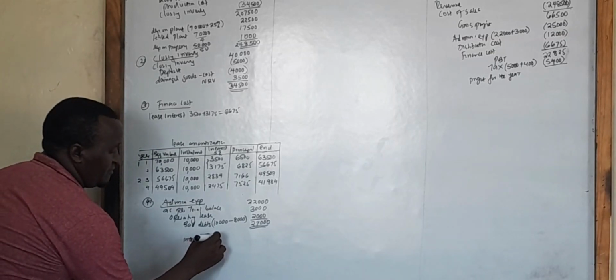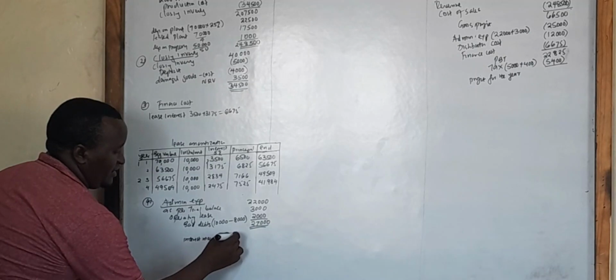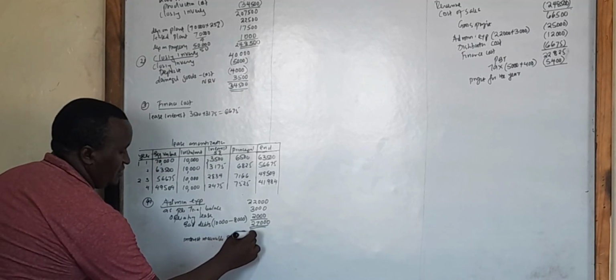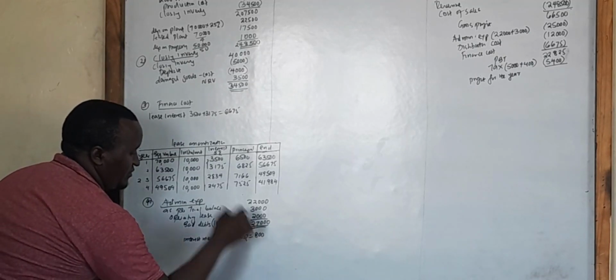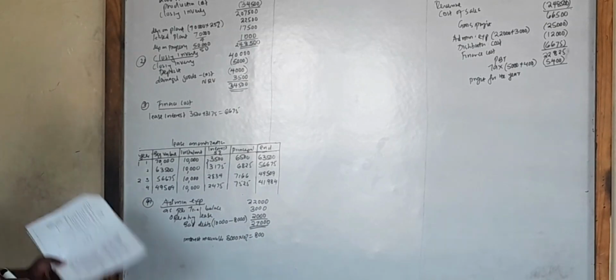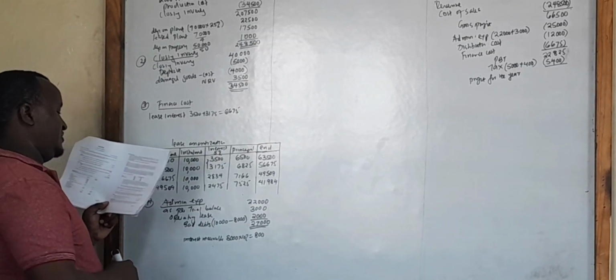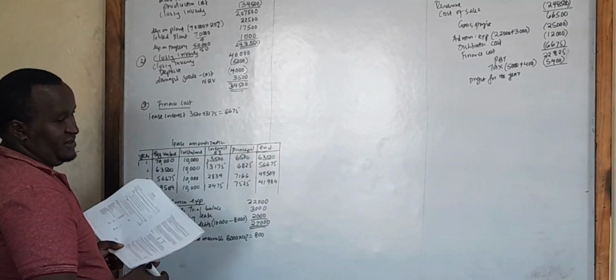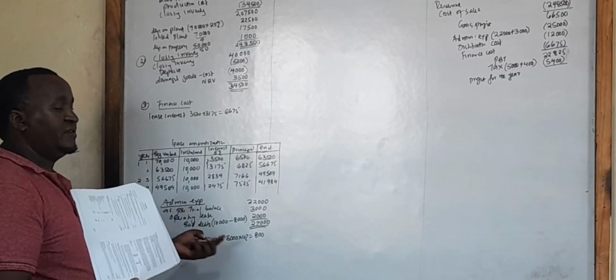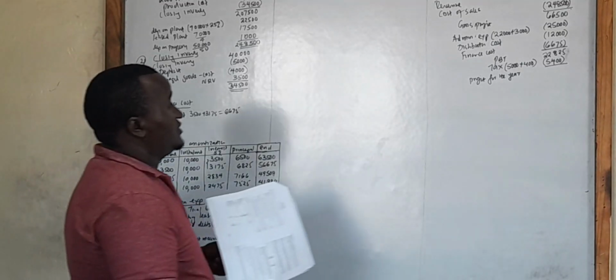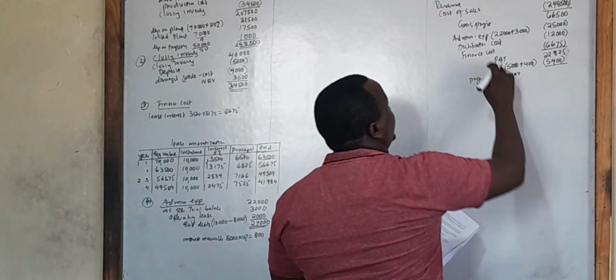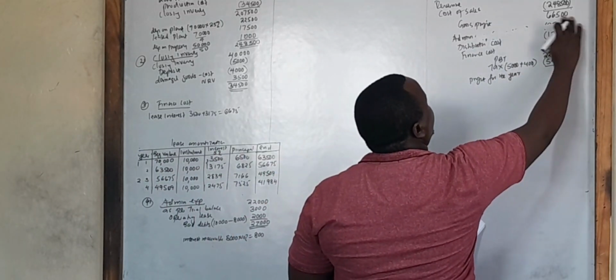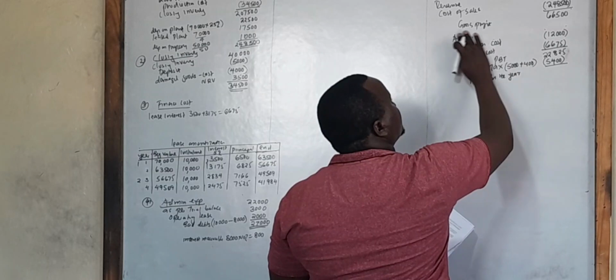Interest receivable: 8,000 by 10%, which will be 800. We shall receive 800. The expected return on sum invested for 1 year is 10%. So they will pay us plus an interest of 800. So here we shall add this to admin.